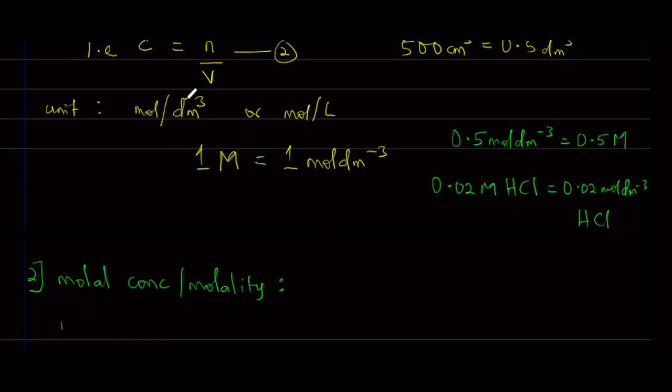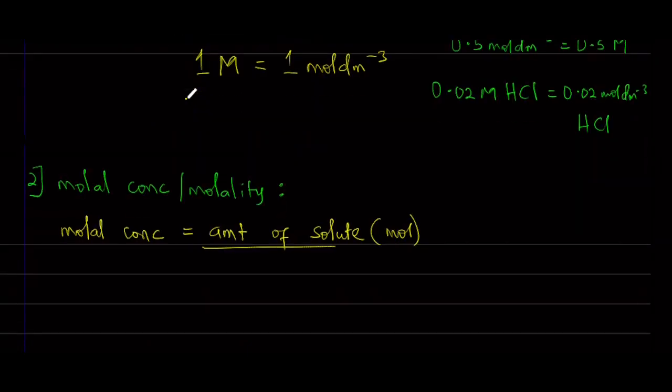Mathematically speaking, molal concentration, which is also called molality, is the amount of solute expressed in mole over the weight, since we are saying 1 kilogram, the weight or mass of solvent in kilogram. So from here we can get the unit for molal concentration.